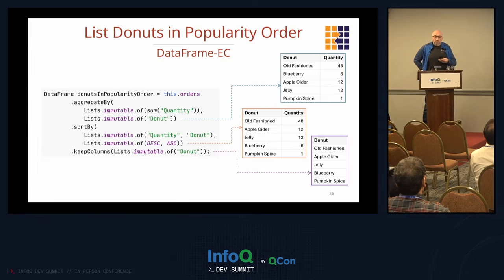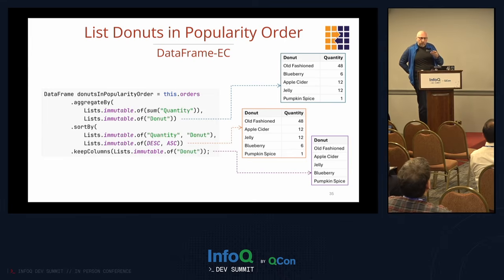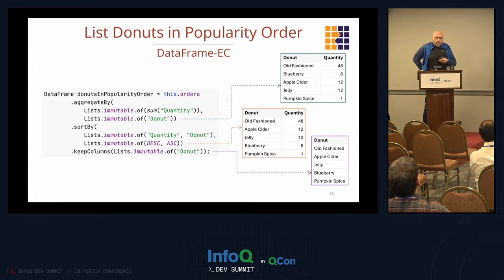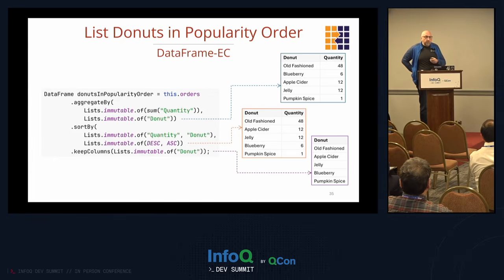We sort by quantity in descending order because we want the most popular donuts first, and then ascending order by donut name just to break ties so that we get consistent ordering even when the quantity is the same. And for the last method, because we only care about donut order, not the actual quantities, we call keep columns, which drops the rest of the columns and just keeps 1 column, donut. And here is our answer.